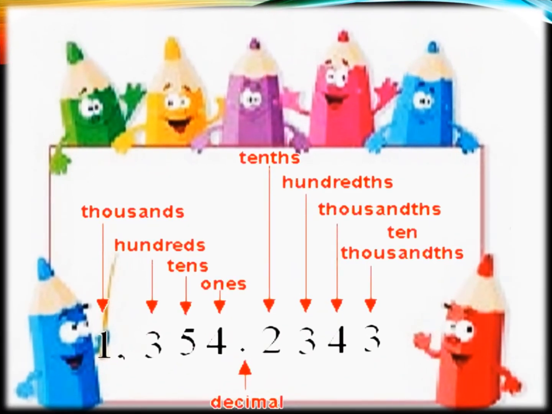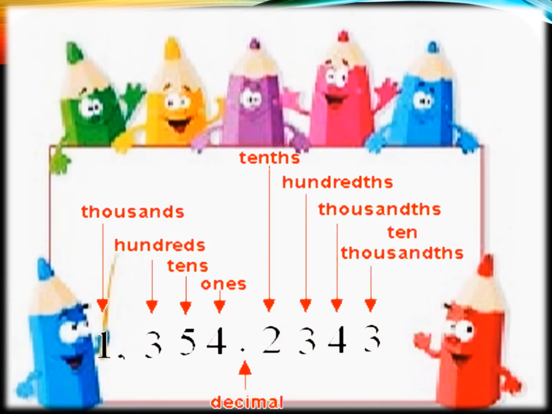Let us practice one more example, that is 1354.2343. Ones is 4, tens is 5, hundreds is 3 and thousands is 1, before the decimal point. We shall divide it into two parts: one is before the decimal, one is after the decimal. And what is after the decimal?